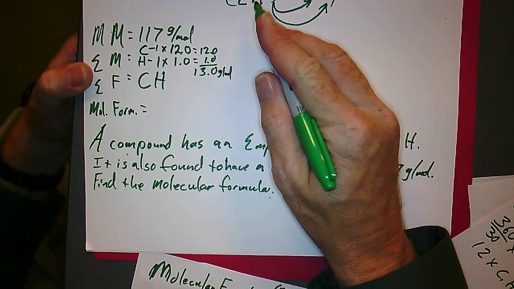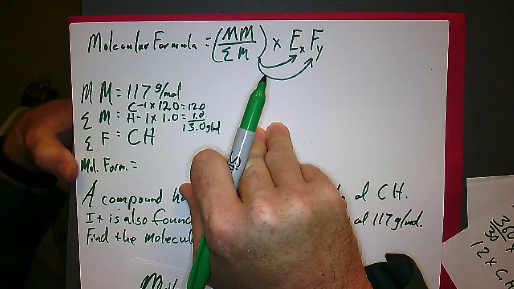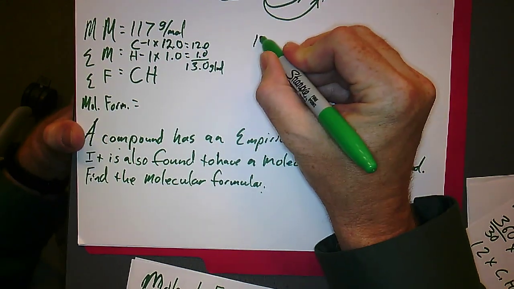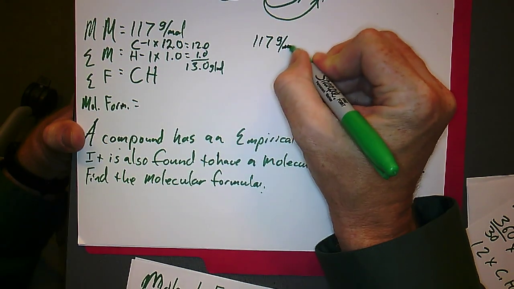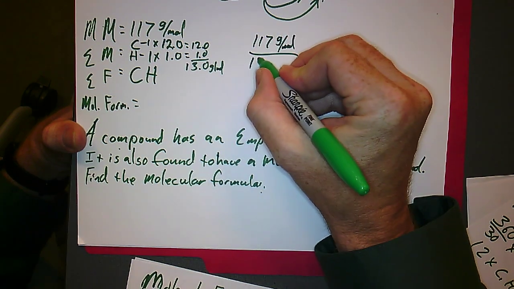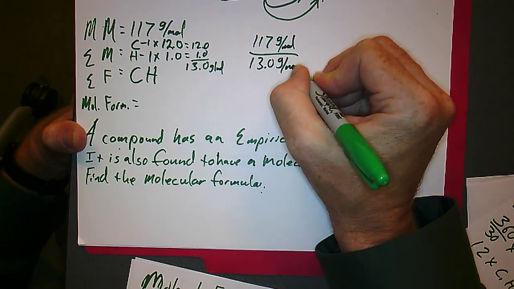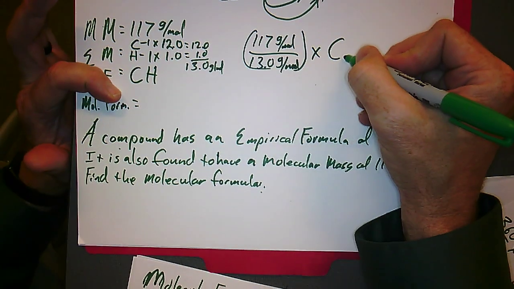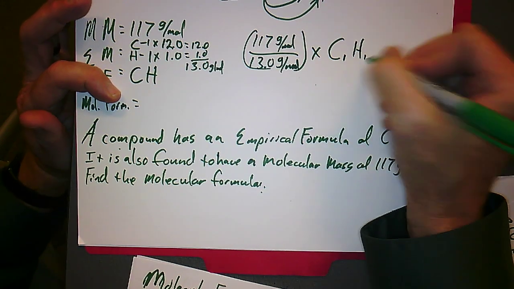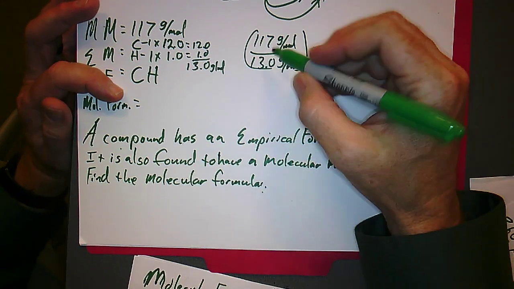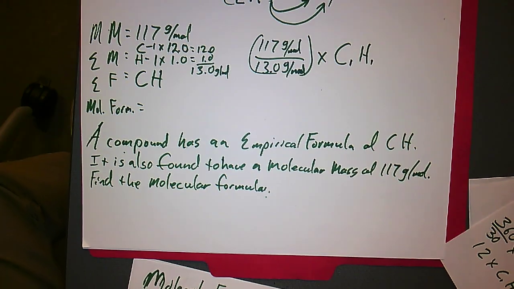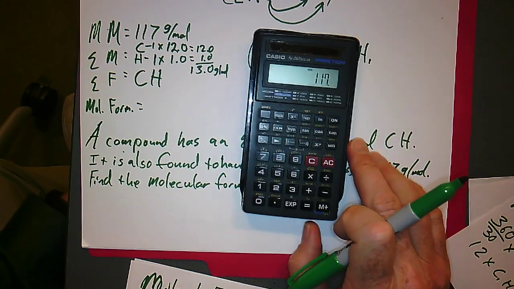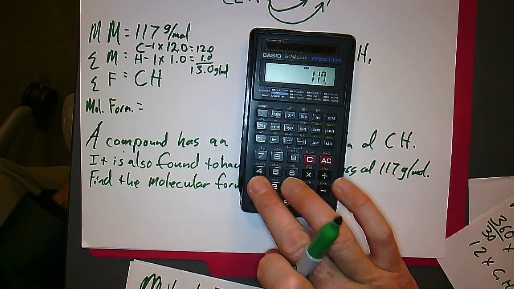Okay, so now we're going to use this algorithm and we're going to calculate our molecular formula. So, molecular mass, 117 grams per mole, over empirical mass, 13.0 grams per mole. All right, and all of that times C. Now here I'm going to go ahead and put the ones just to identify that that's what I'm multiplying by. Okay? All right, 117 divided by 13. Anybody done it yet? All right, I will. 117 divided by 13.